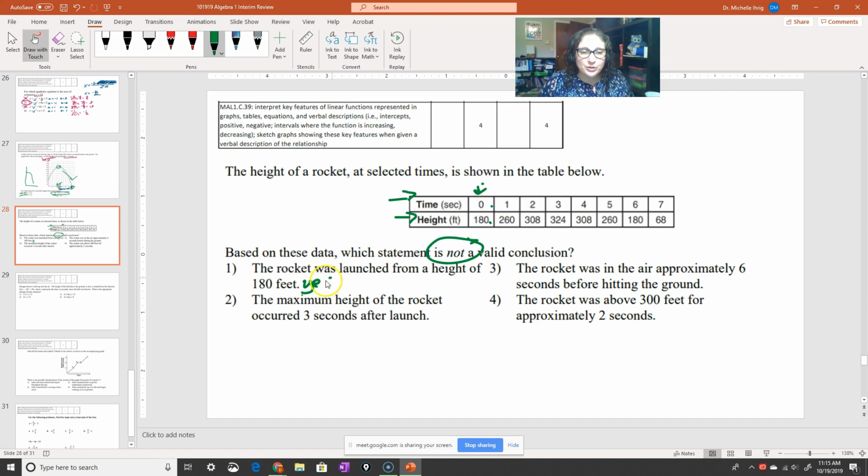Yes, this is true. So that means I know it's not choice 1 because I'm looking for the one that's false. It says the maximum height of the rocket occurred at 3 seconds after launch. So let's take a look.